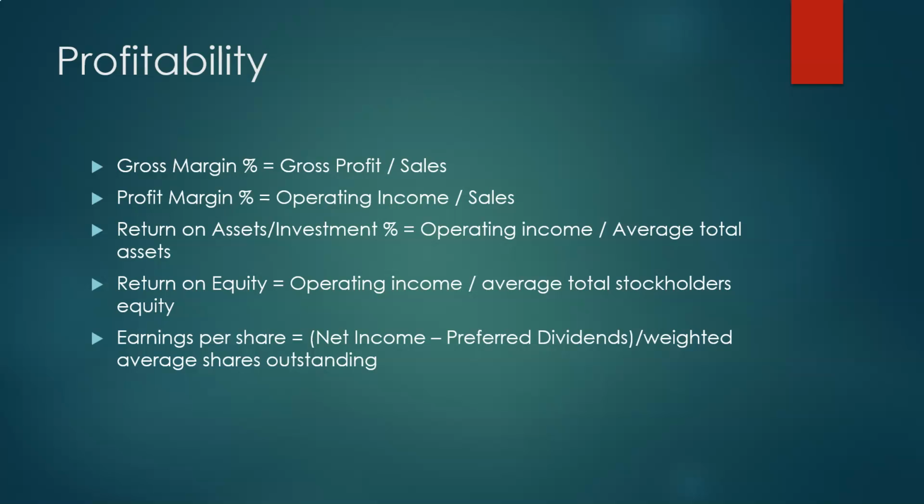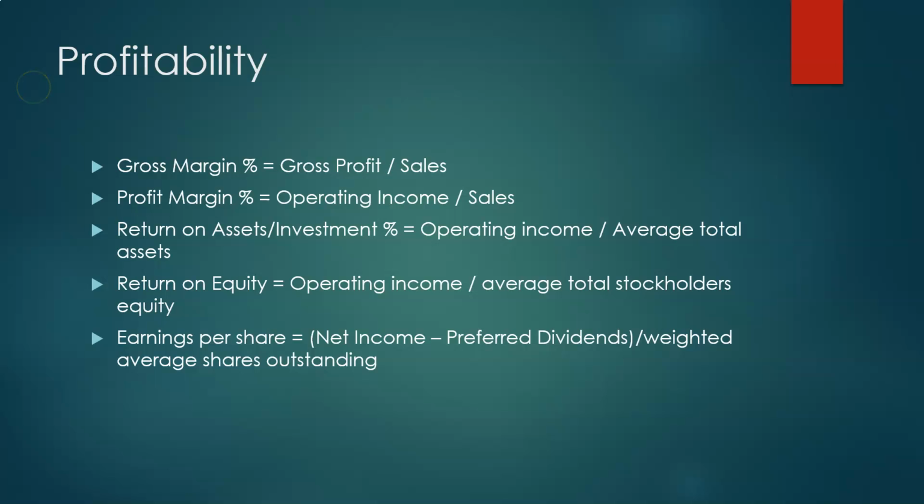Knowing what the ratios are and what information they provide the user is most important, and not necessarily how to compute them, because you can easily get these ratio computations from online or in your textbook. It's more important that you understand what measurement you need to use, how to use it, and what it means.